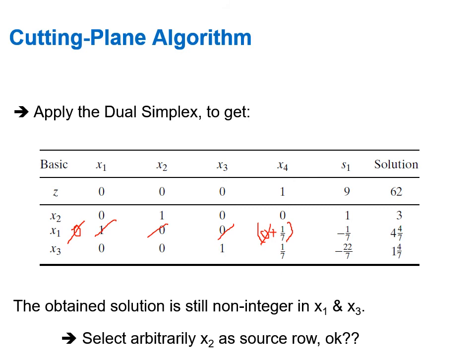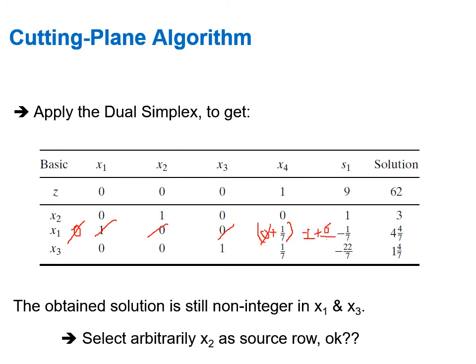Be careful. You cannot just say that, okay, this is fractional and we continue with it. No, because it's negative. It should be positive. So we should be able to write this as an integer plus a positive fraction. Integer can be negative. So basically you can write it like this: minus 1 plus 6 over 7.